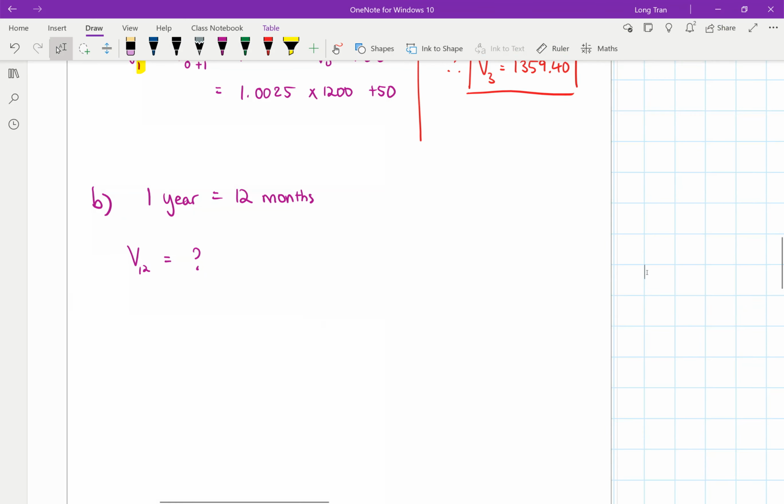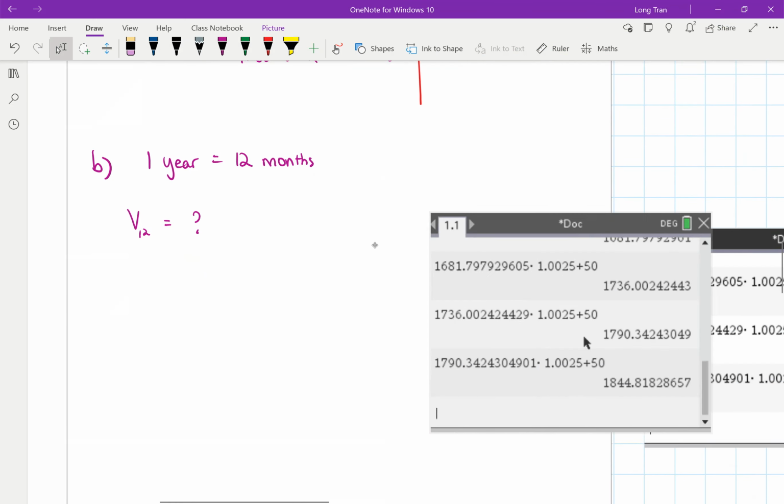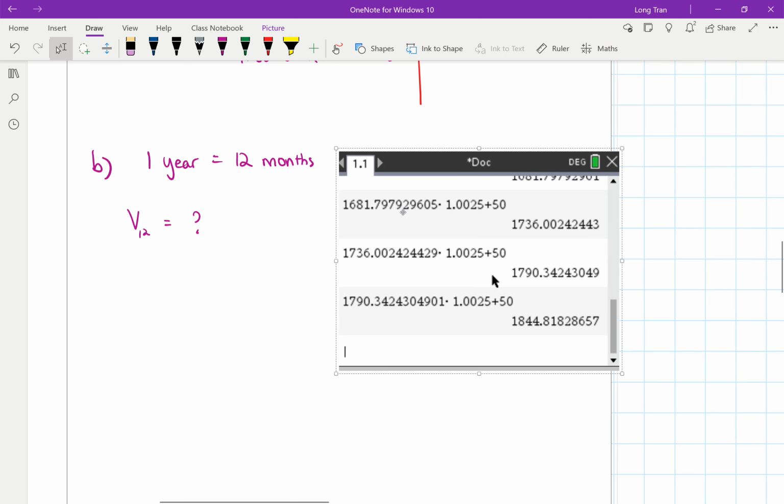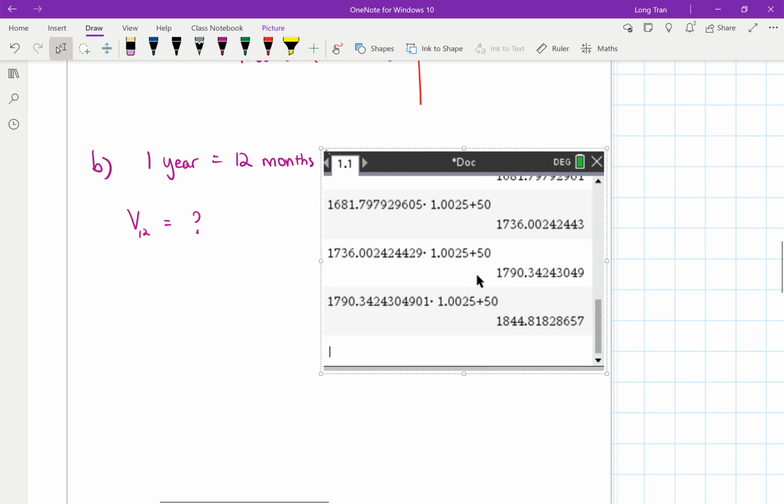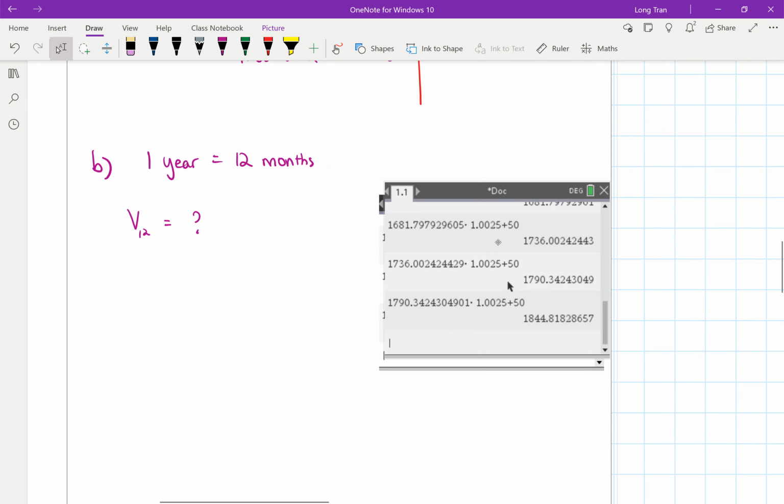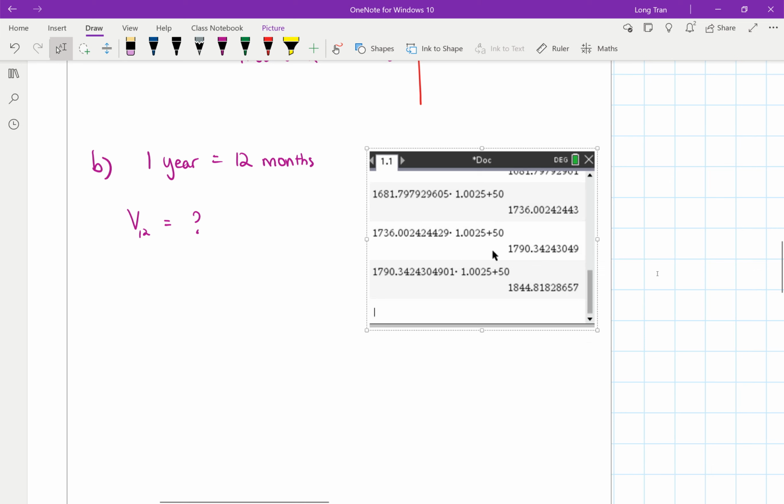Okay, so here we go. Right there, that's getting into my 12th month of payment. And so I now know V12, and that must be then V11, and that's V10. That tells me that V12 must then equal $1,844 and I guess 82 cents.